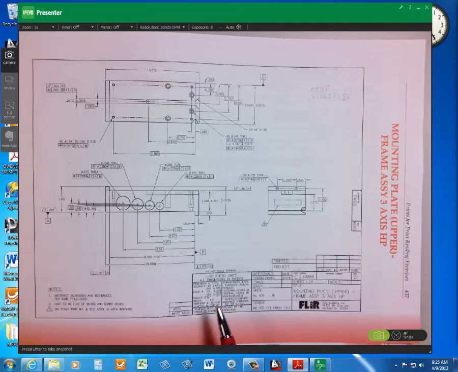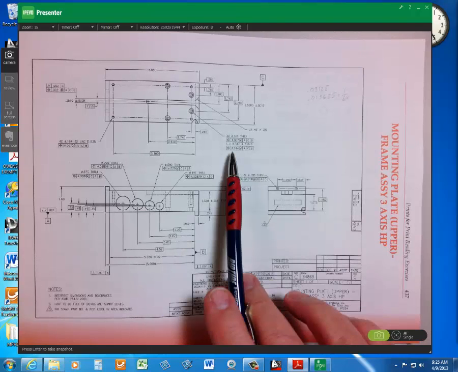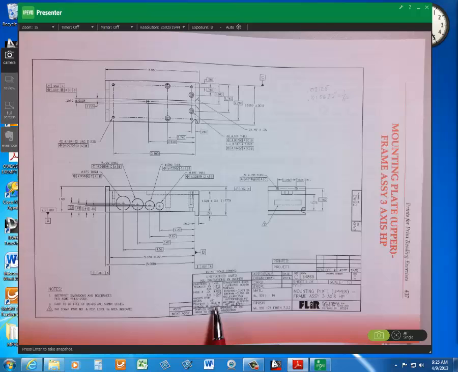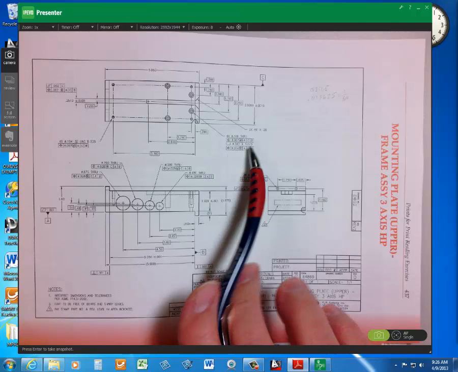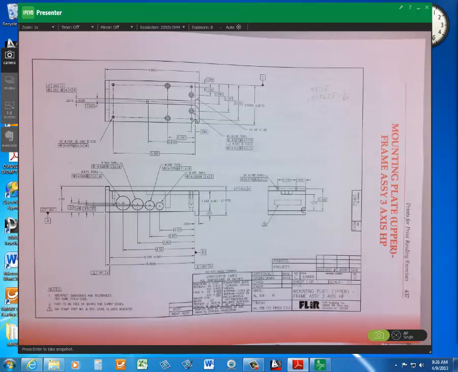Ah. So this funny little specification made us look down in the title block, our tolerance block for general tolerances. Okay, we do this to save space out on our drawing.